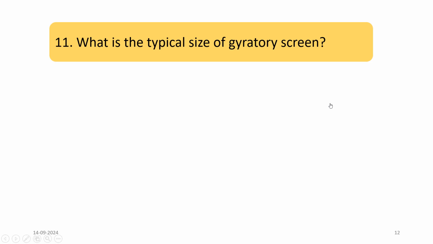Next, what is the typical size of a gyratory screen?